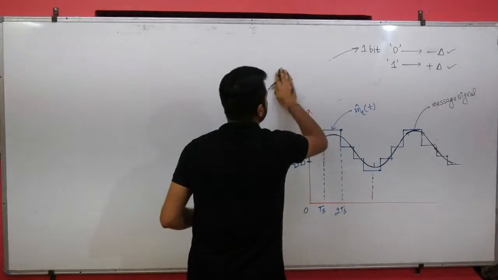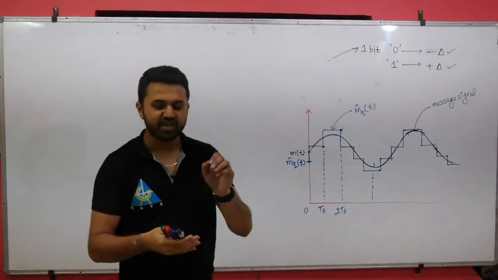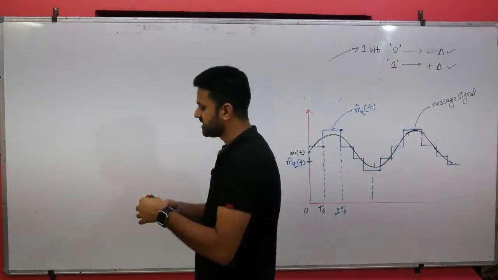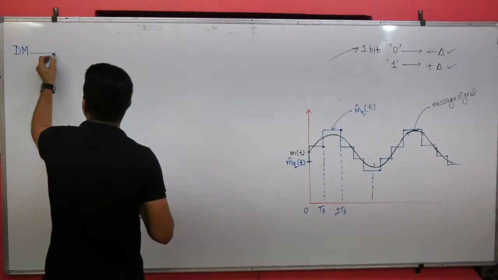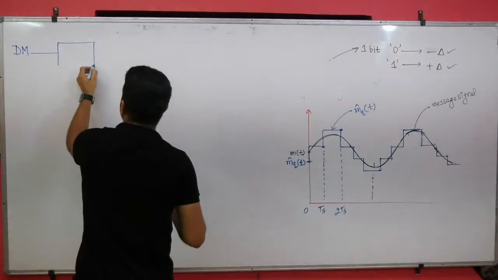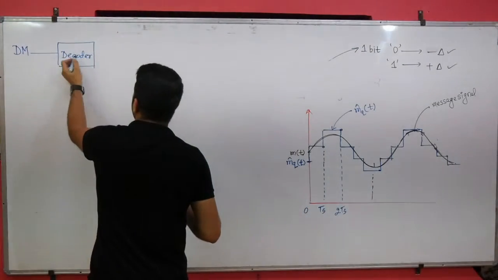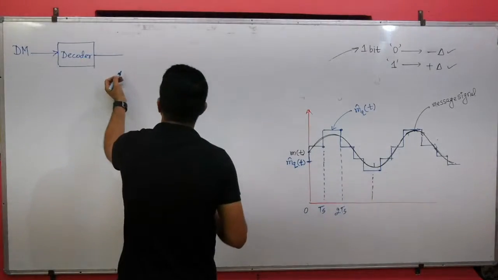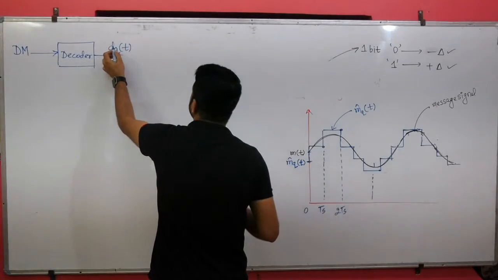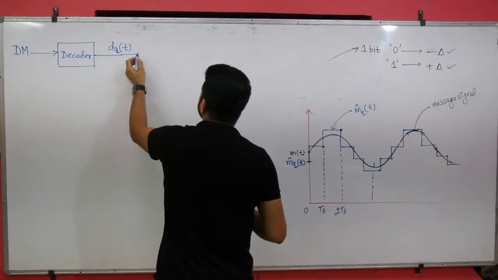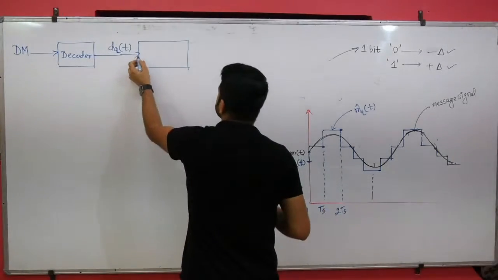So in the feedback path of the transmitter of the delta modulation, we were having only one thing, which is the integrator. So that delta modulated signal will go into the input of the decoder, and once you pass it through the decoder, you will get the DQT. That DQT will go into the input of the integrator. So this is the integrator.